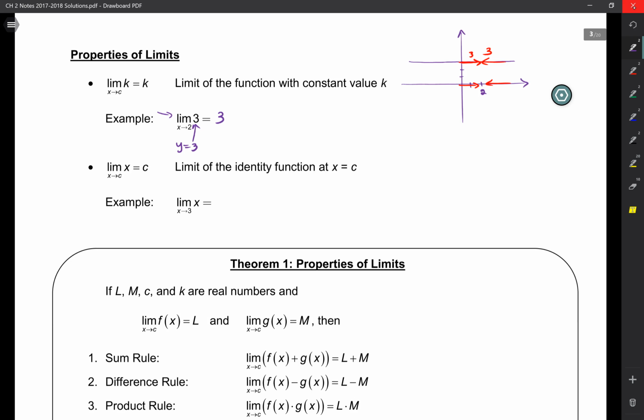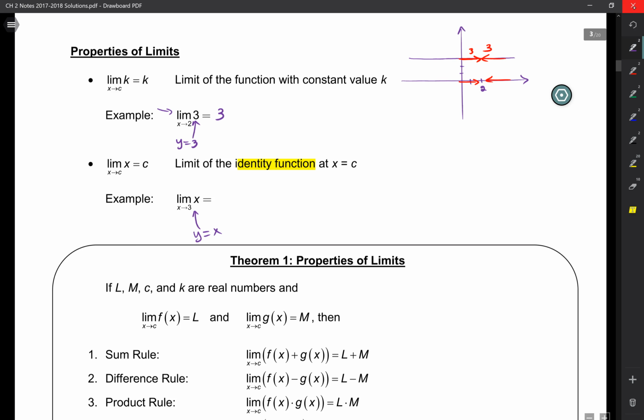Now, what if the function that you're finding the limit of is y equals x? We call this the identity function. Remember you have a quadratic function, this is an identity function, y equals x.